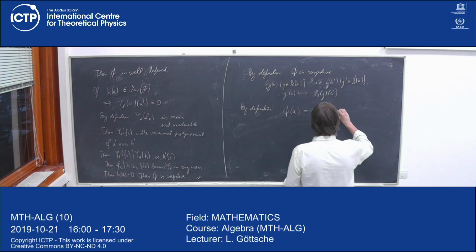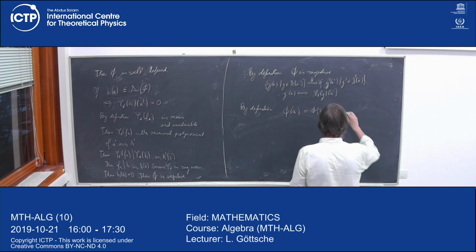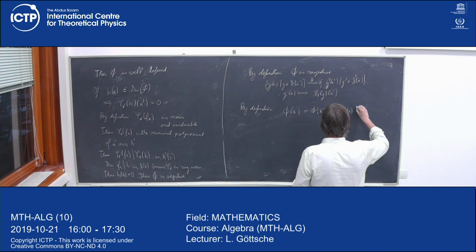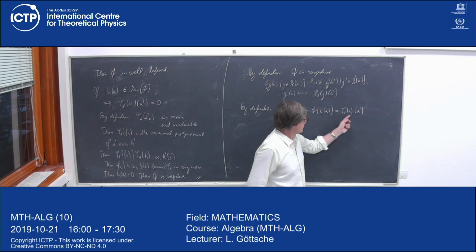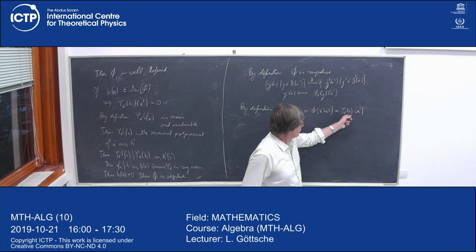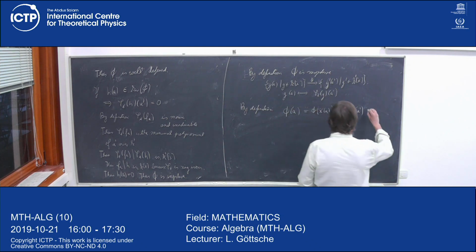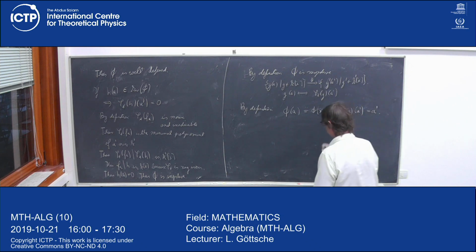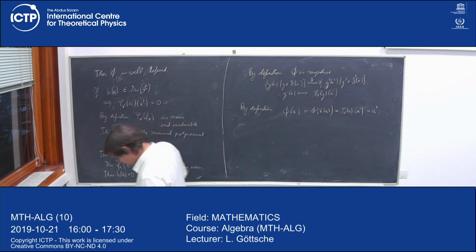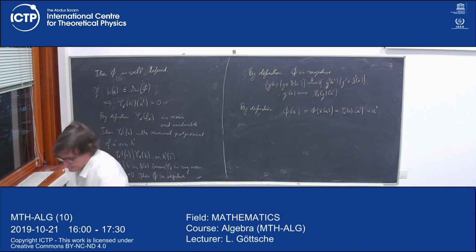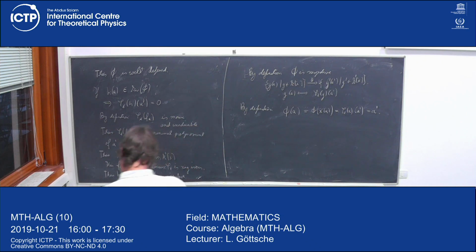And so this is equal to phi star of x of a prime. But obviously, under this map you just map the coefficients. The coefficient is 1, the coefficient stays 1. So this is just x of a prime, so this is a prime. So we see that phi maps a to a prime. Okay, so this was this little thing.